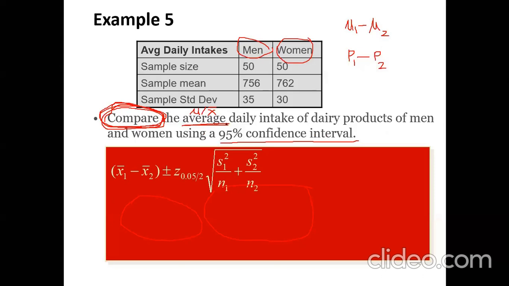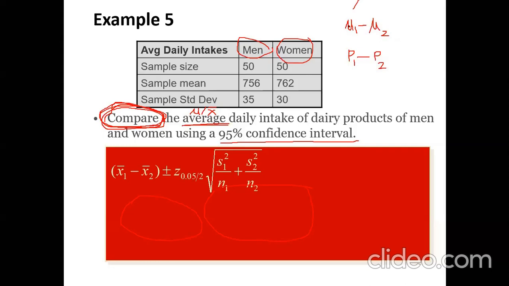When we talk about average, it refers to population mean or sample mean. So it must refer to only this one, mu.